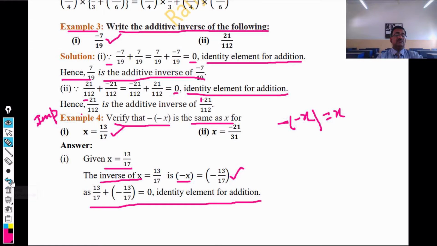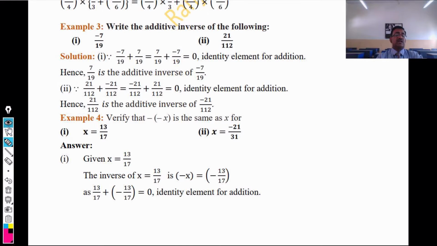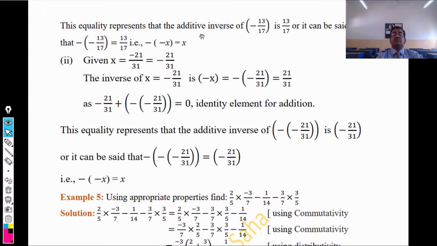Now, from here you can say minus 13 by 17 is the additive inverse of 13 by 17.